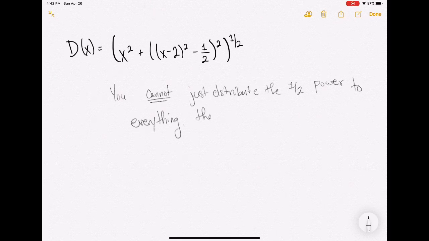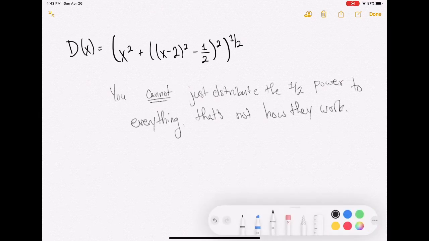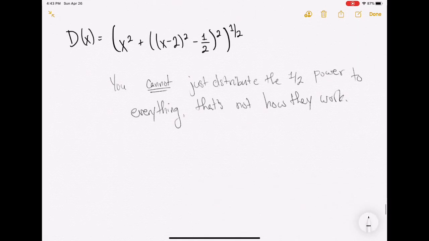That's not how this works. Really, that's not how they work. So definitely don't do that. You're not going to get the right answer. Yeah, you just basically simplify it as best you can. The 1/2 power is going to stay where it is.